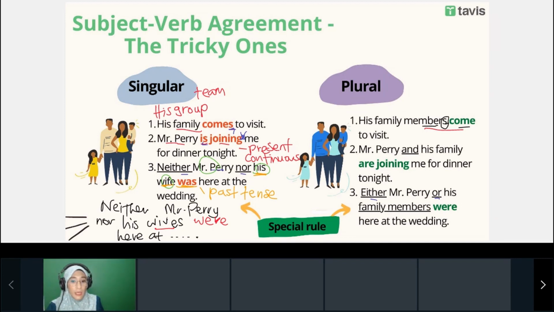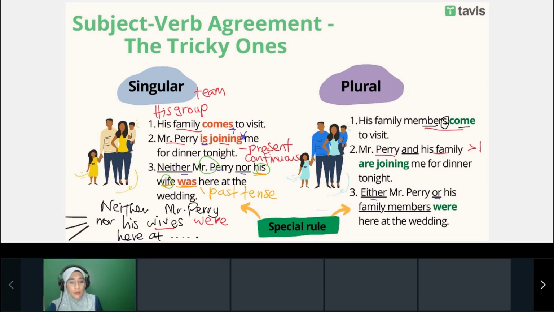Look at this sentence. Mr. Perry and his family are joining me for dinner. Because of the conjunction and, right? Because of the conjunction and, it's considered more than one already. Okay, more than one. Mr. Perry and his family. It's considered more than one.